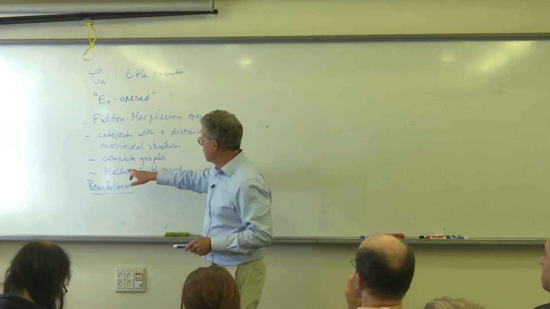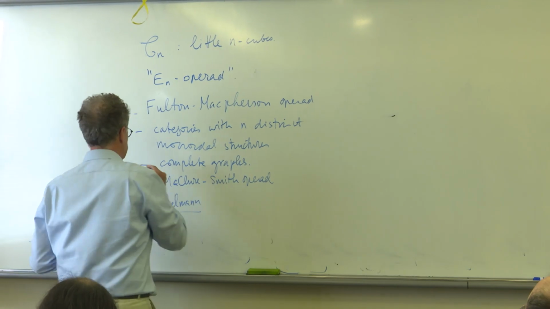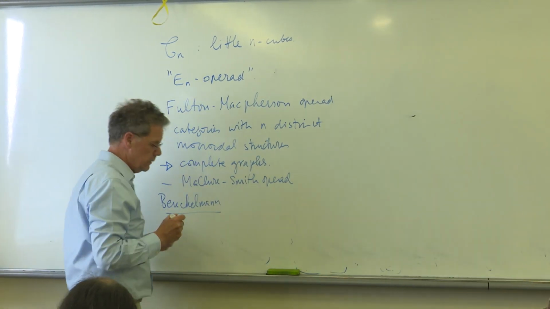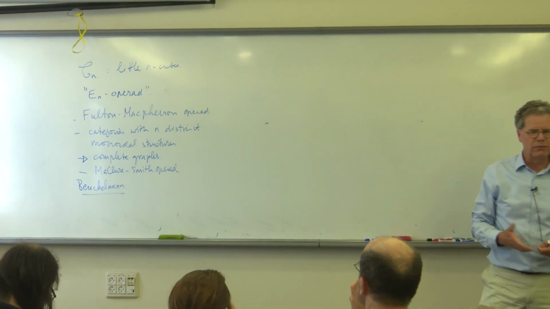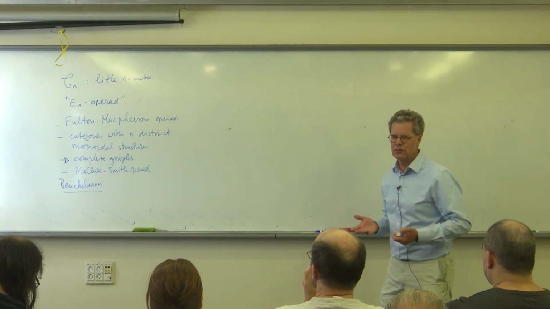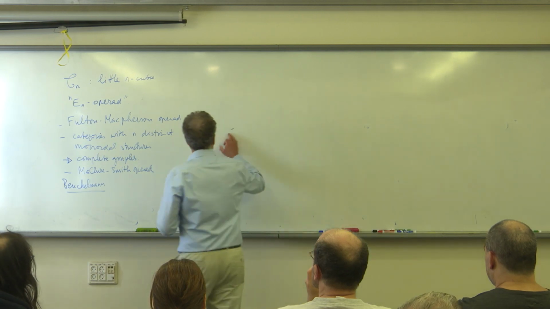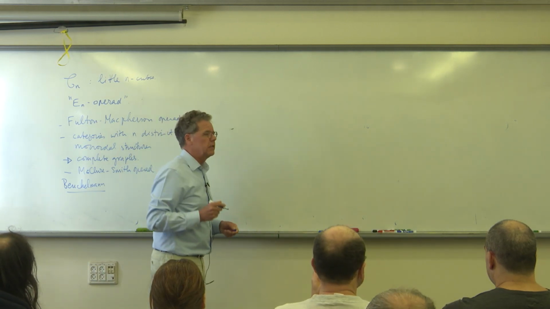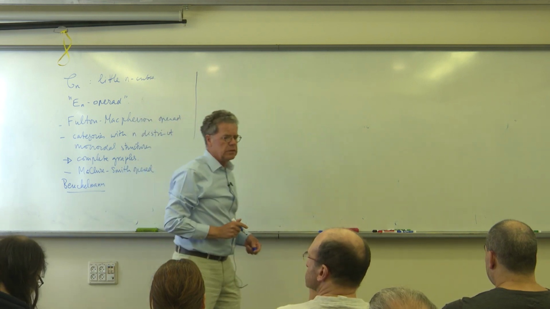I will mainly concentrate on the complete graphs here today. And as we go along, I will also give a precise definition of what it means for two operads to be equivalent.